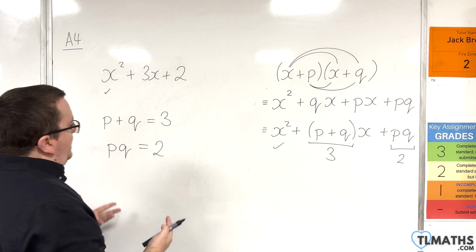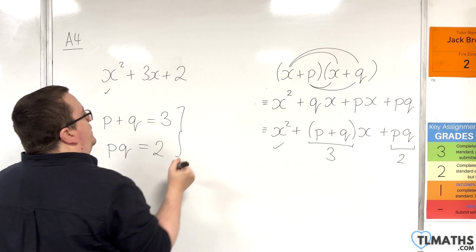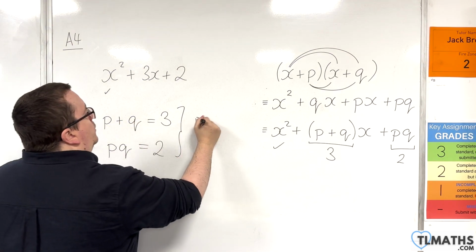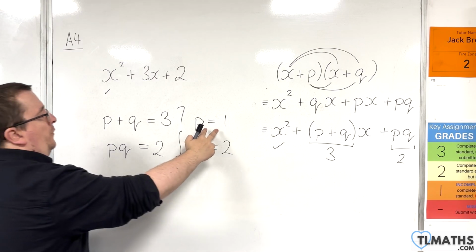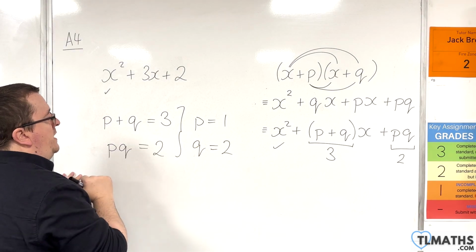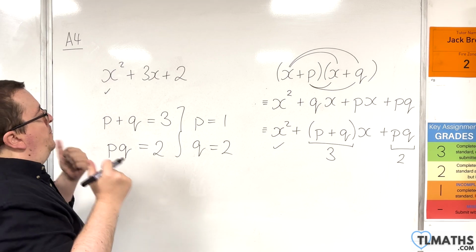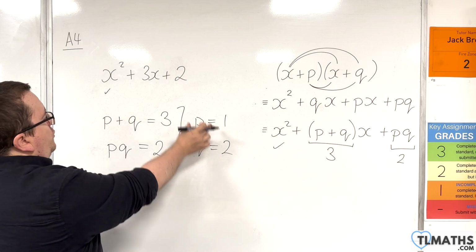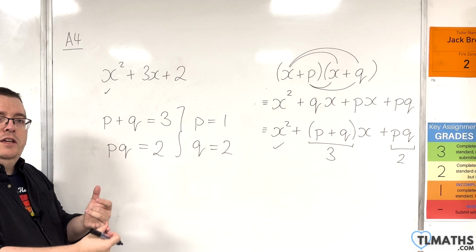You may be able to think of those two numbers: p and q could be 1 and 2, because 1 plus 2 makes the 3, and 1 times 2 makes the 2. So p equals 1, q equals 2. You could have had those the other way around as well, so p is 2 and q is 1.